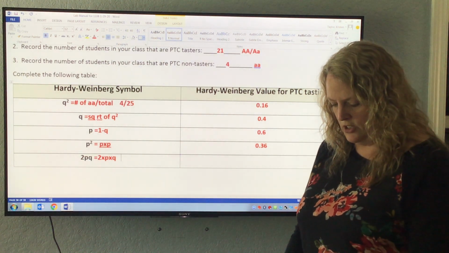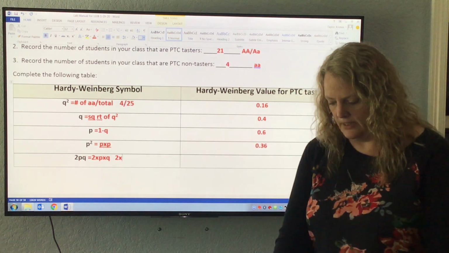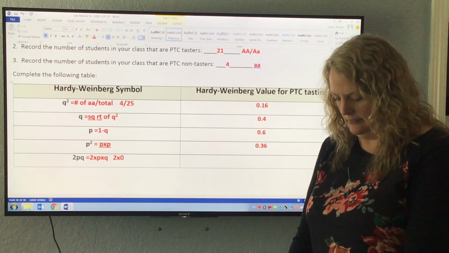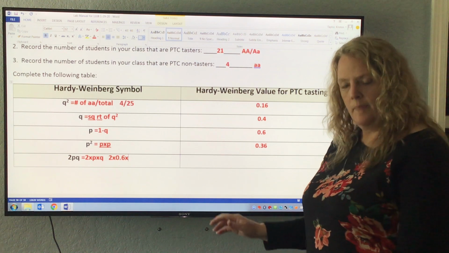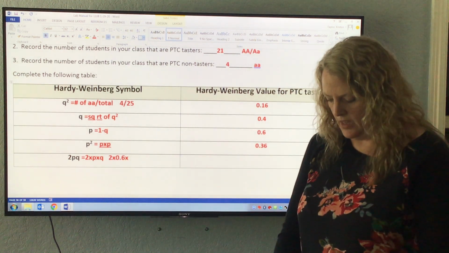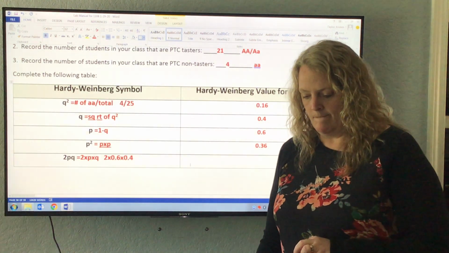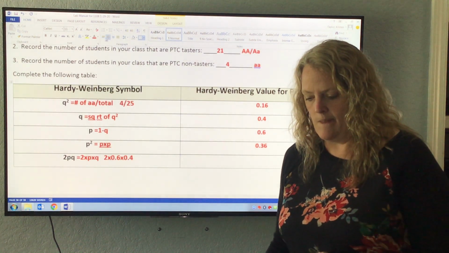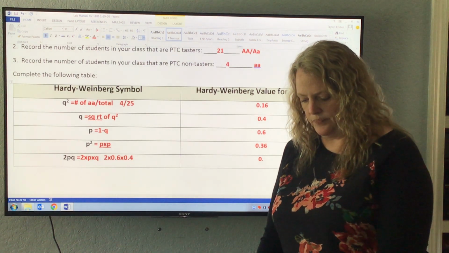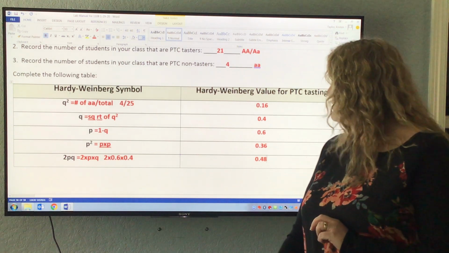So it's going to be 2 times, my p is 0.6, times q. And q up here is 0.4. So that's all you have to put into your calculator. And you should have 0.48.